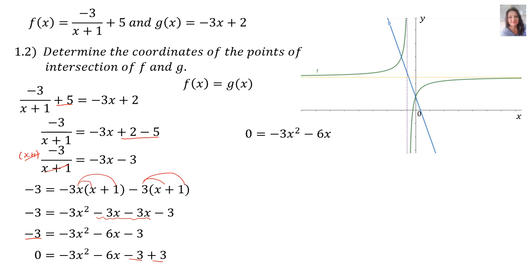And in this case, you can even divide away the 3. So we will divide both terms by negative 3 and we end with 0 is equal to x squared plus 3x. Now I will factorize and I will take out x as a common factor. And then I'm left with x bracket x plus 3.